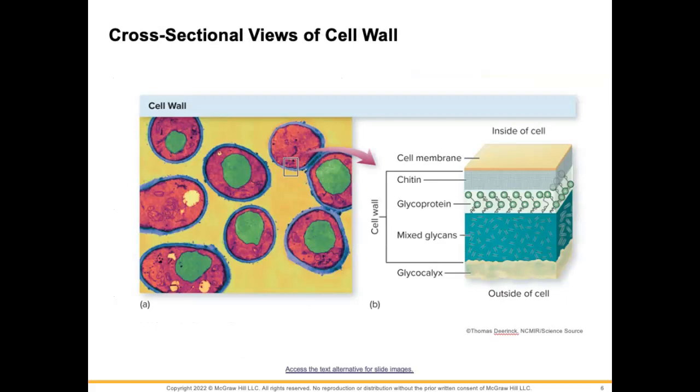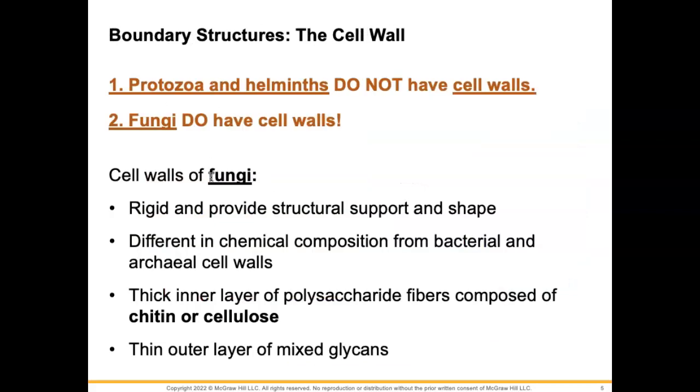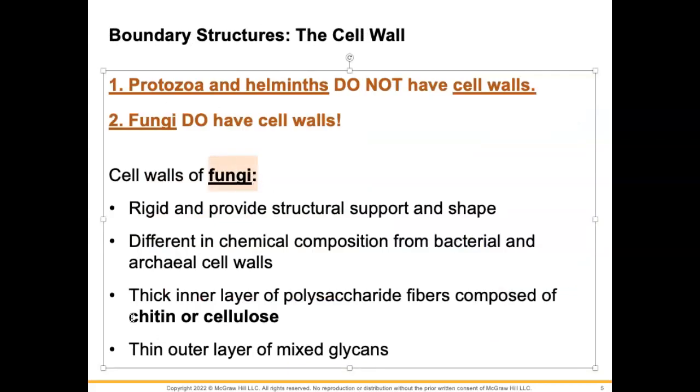So make sure that you remember that when we're talking about fungi and we mention chitin or cellulose, the inner layer of the cell wall of fungi is made up of chitin or cellulose. I'm pretty sure that's a test question too.